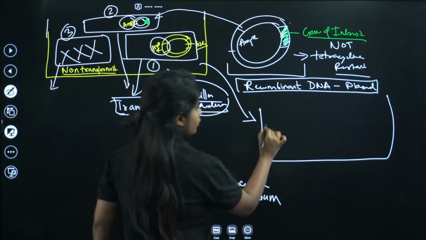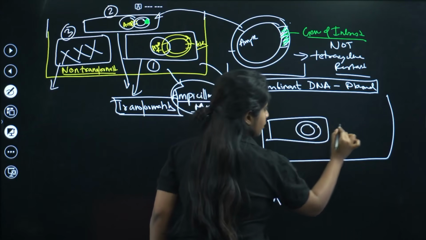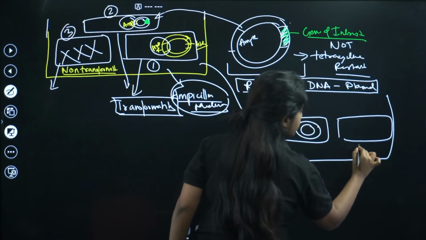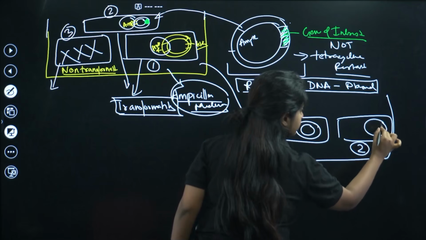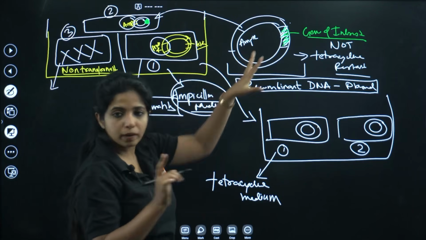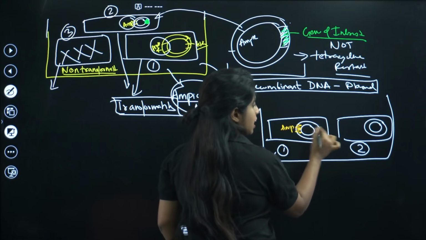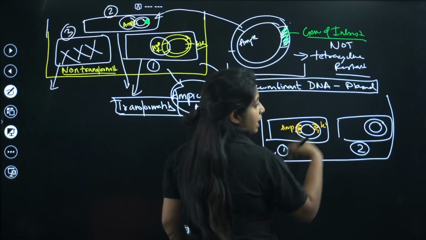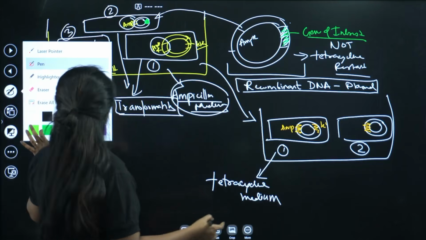Over here I have the first cell, and over here I have the second cell. This is the first cell, this is the second cell. The first cell, as you know, was a normal pBR322, which is why it will have the ampicillin resistance gene and also tetracycline. Here there will be just ampicillin, and on the other side it will be what?